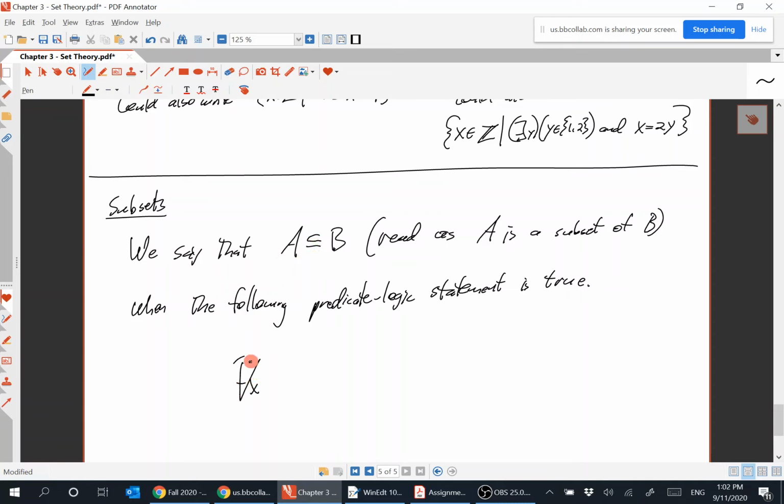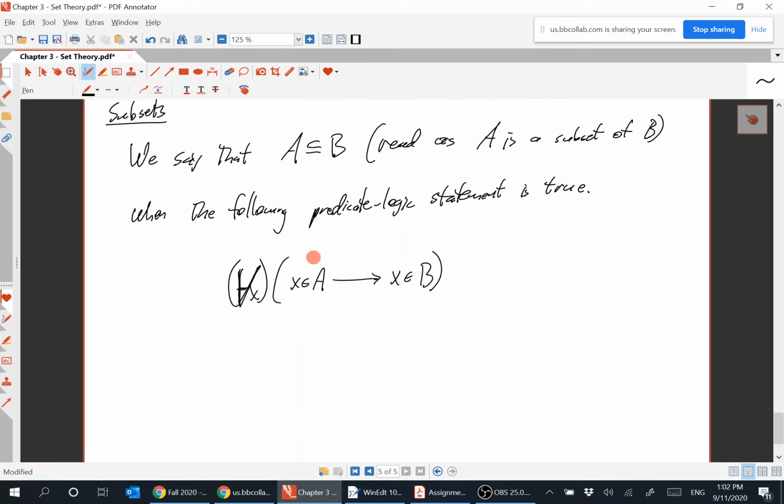For all x, if you want to say A is contained in B, or A is a subset of B, x is an element in A implies x is an element in B.